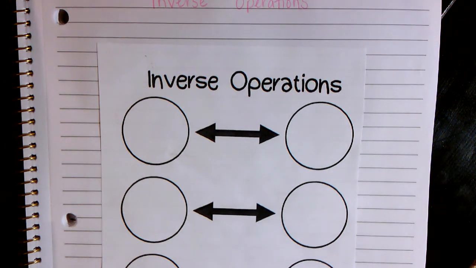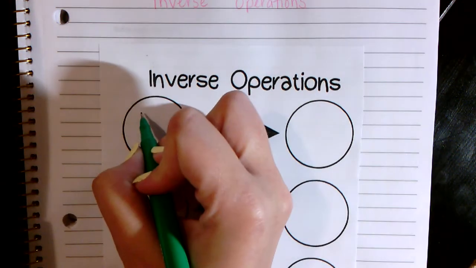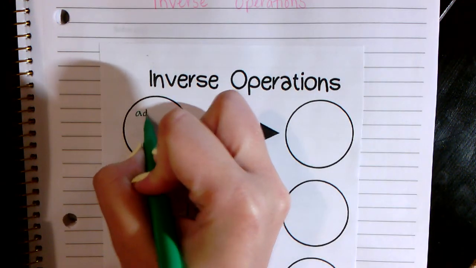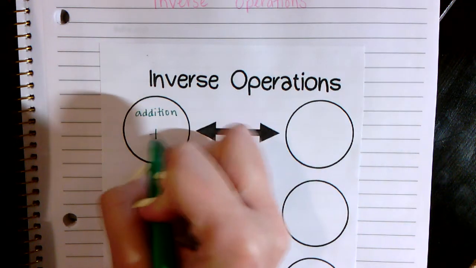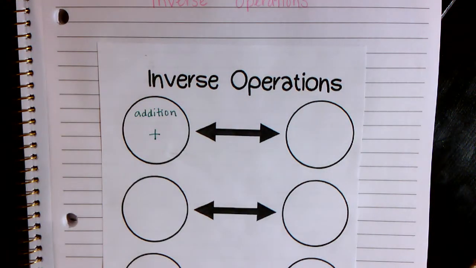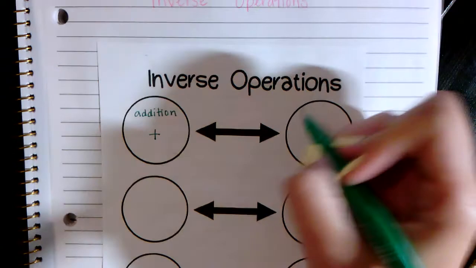Okay, so inverse operations are simply operations in math that undo each other. So the inverse of something negates what it is. So if we look at addition, so we would just write addition in this little circle here. Addition, which you guys see as a plus sign in your math problems, the inverse of that is going to be subtraction.